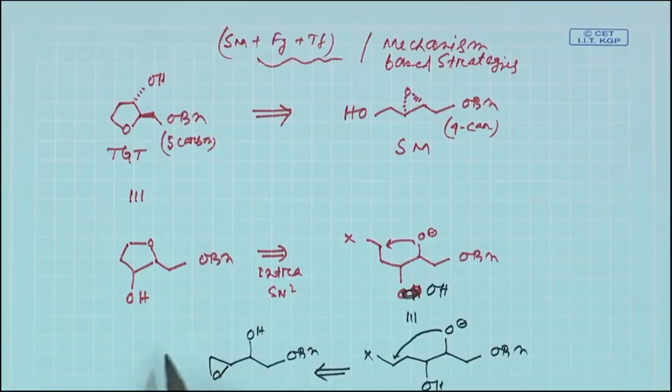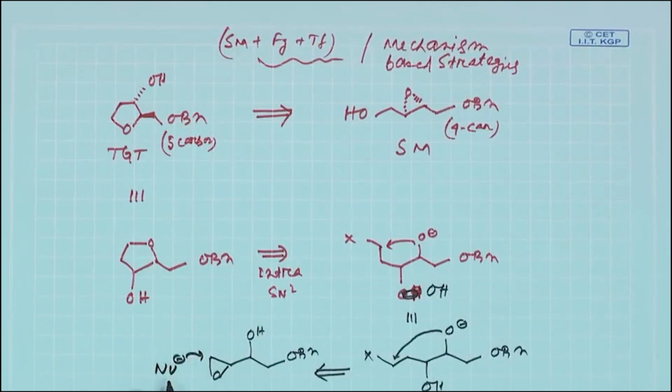Now, if somehow you can open up this epoxide by some nucleophile at this end, and the nucleophile must give you the extra carbon. So, we are basically opening up the epoxide here, and this carbon as well as X will be coming from the nucleophile. Now, see it will give you a CH2, and it will give you OH, and this OH is the source of the O minus.